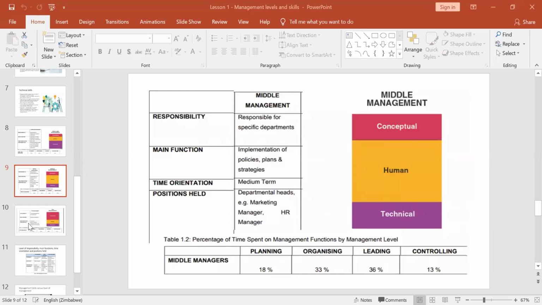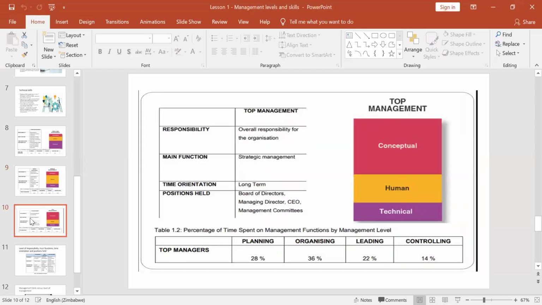Then lastly, we have the top management. Top management need more conceptual skills. A lot of them actually lack human skills. Have you seen how unfriendly or unapproachable most CEOs are?